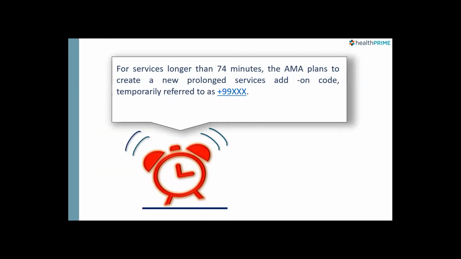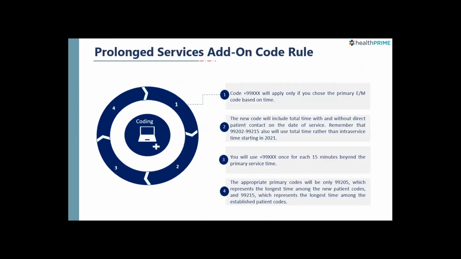If the service is longer than 74 minutes, then AMA plans to create a new prolonged service code, which is temporarily referred to as 99XXS. This is a code which will be used if the service is longer than 74 minutes. There are a few rules for coding the prolonged service add-on code.